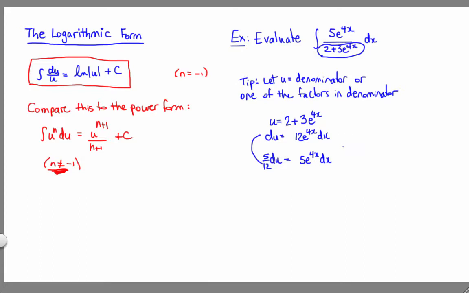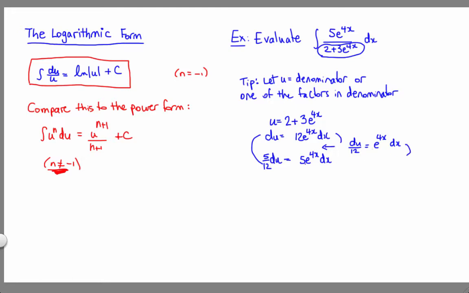Now some people prefer to do an intermediate step here, so if you would like to do the intermediate step, here's what you could do. First, just get rid of the coefficient 12, so move from this step to this step just by saying du over 12 is equal to e to the 4x dx. Okay, so we've just divided both sides by 12 there. And now it's a little bit easier to figure out how to move from this step to this step.